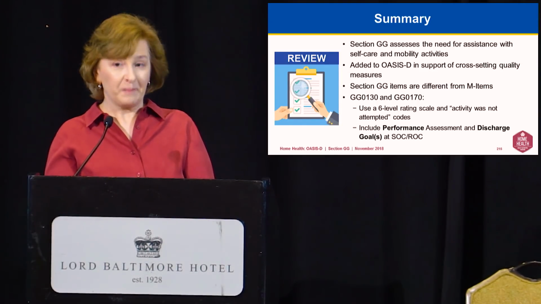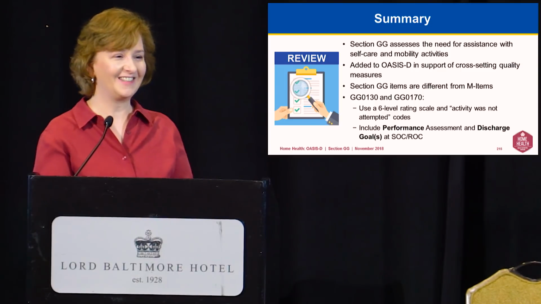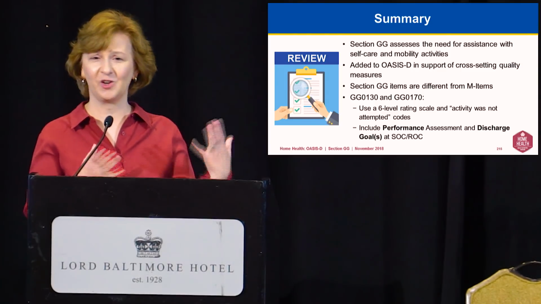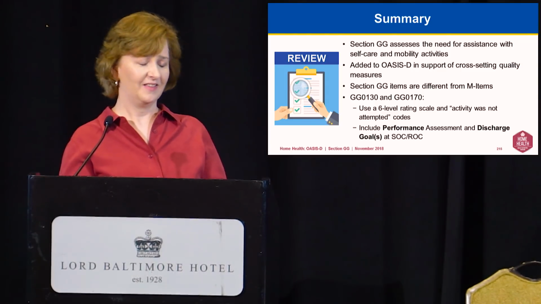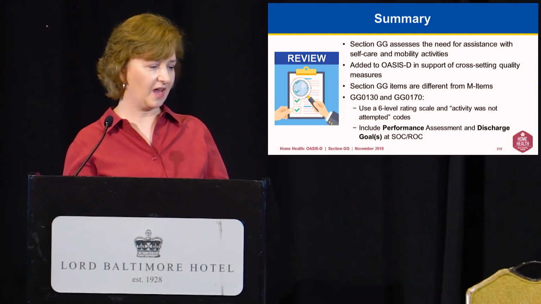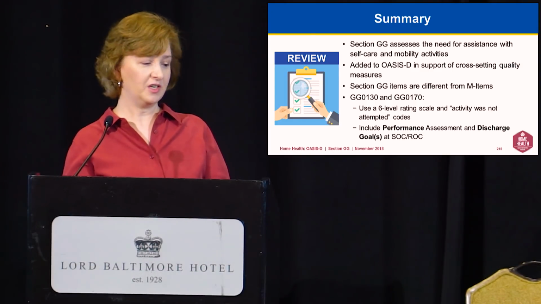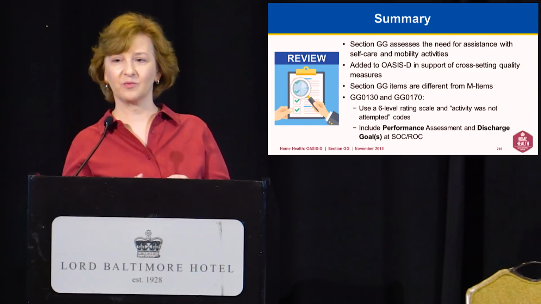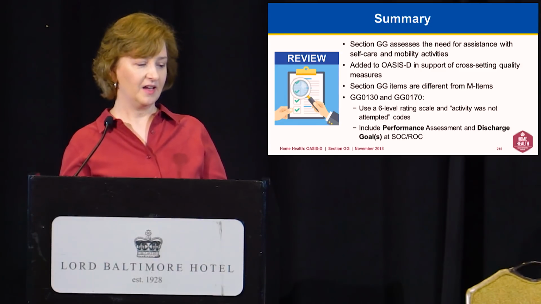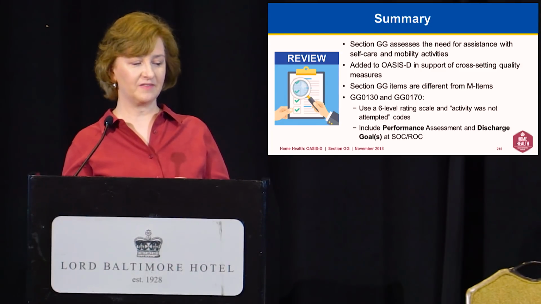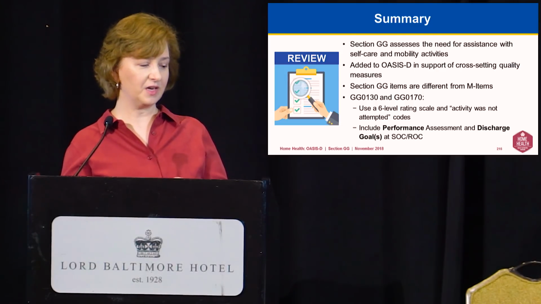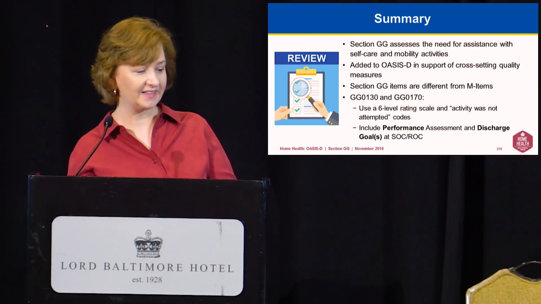So in summary, we covered a lot of content, so I really appreciate all your attention and your engagement in completing the scenarios together. Section GG assesses the need for assistance with self-care and mobility activities. It was added to OASIS-D to support the cross-setting quality measures work in relation to the IMPACT Act.